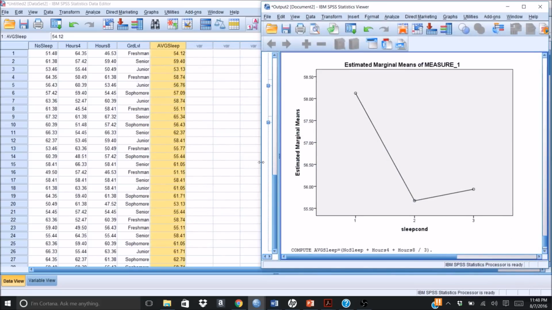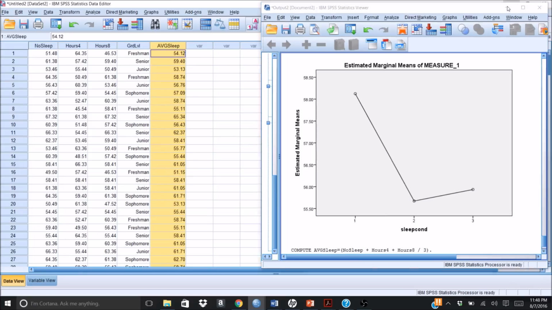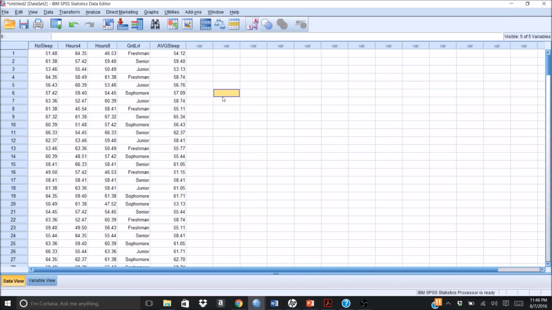So I'm going to change that, and boom, I've now got my variable changed, and 54 average of these three, that sounds about right. Sometimes I actually do even pull out a calculator and just check one or two. I might grab one down here in the middle just to make sure it works. So I now have my average amount, their average score, adding all the 3 different conditions of sleep.